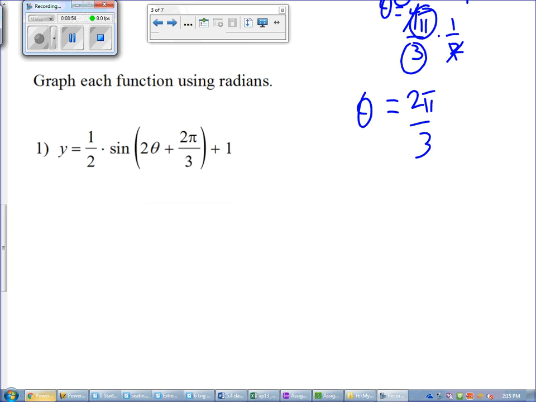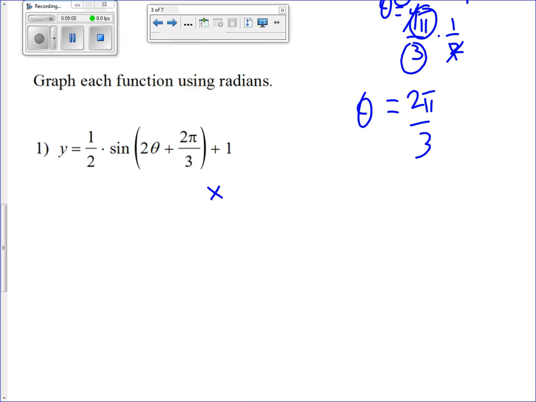All right, for our next step, we're going to make our chart of our 5 points so that we can actually graph this. So we're going to take our x values, which are just going to be my left endpoint, which is negative pi over 3. And I need to get to my right endpoint, which is 2 pi over 3.